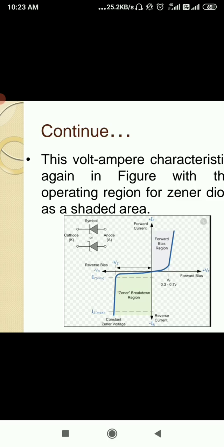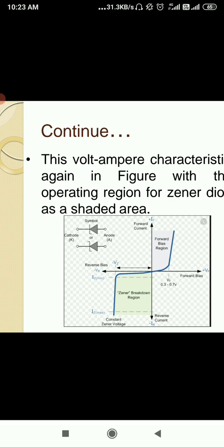That current we call the saturation current, and we denote it by I suffix O. Saturation current is the very small current that flows when we give reverse biasing to the Zener diode, because of thermally generated minority carriers.